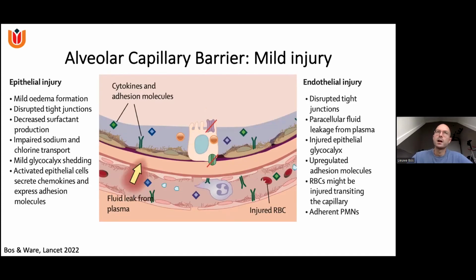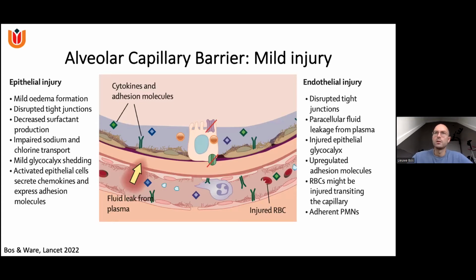Once the alveolar capillary barrier gets injured, there is a leak of fluid from the plasma towards the alveolar space. This contains proteins, including cytokines and adhesion molecules. And these injure the epithelial cells. They disrupt the barrier in between the endothelial cells and cause oxidative stress on the epithelial side.